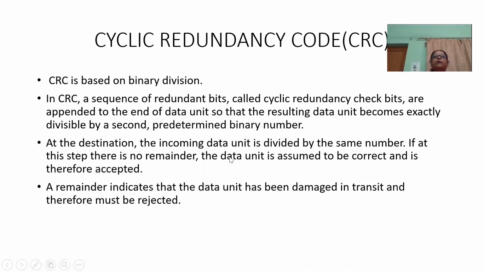If there is no remainder, data is assumed to be correct. If there is a remainder, data has been damaged in transit. This code is added in the frame of the data link layer.